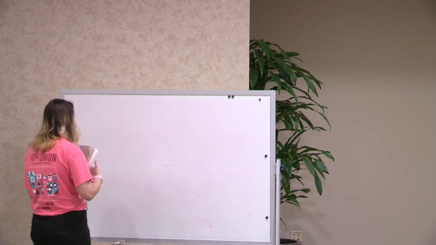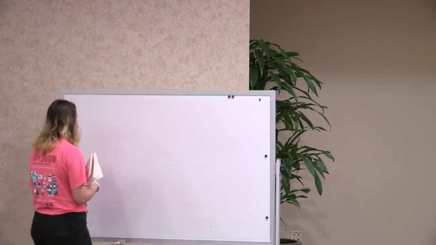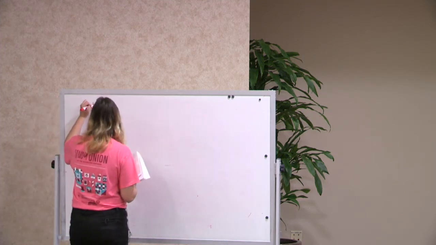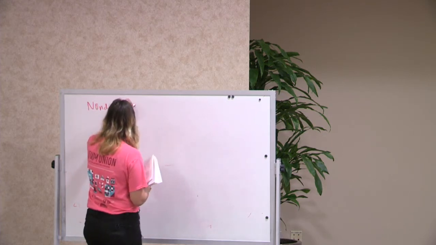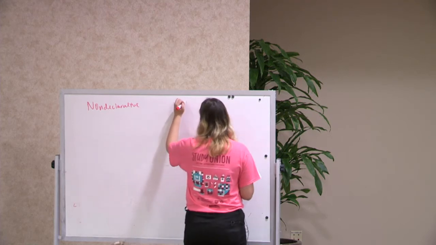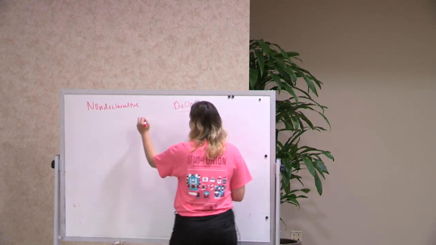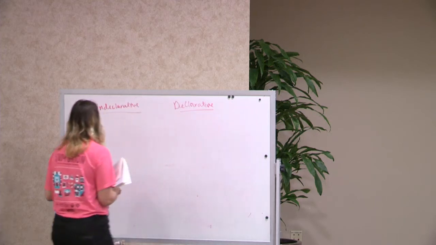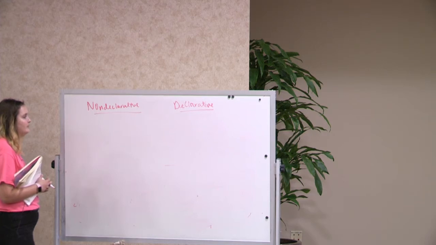Okay, so chapter 24 is all about memory, and there's two different types of memory. There's non-declarative and declarative. Declarative memory is for facts and events.